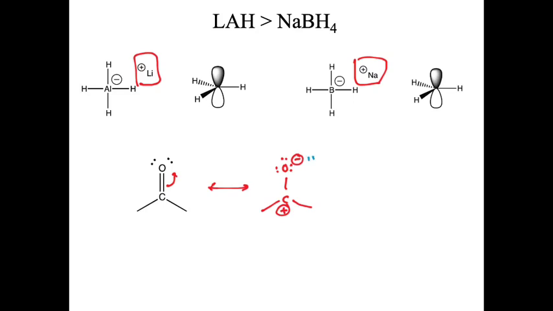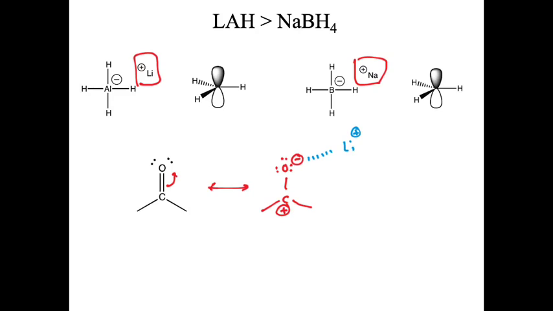Why is that a big deal? You help stabilize the negative charge on that oxygen. If the oxygen becomes stable as a negative, what becomes more positive? The carbon as an electrophile.